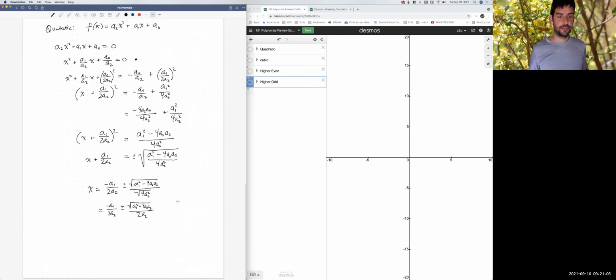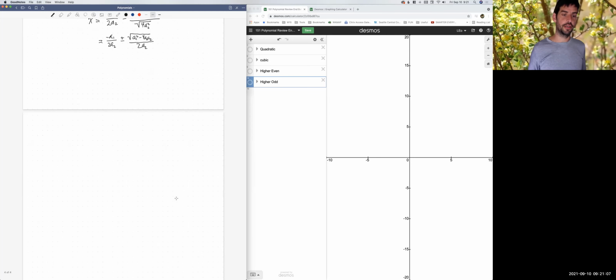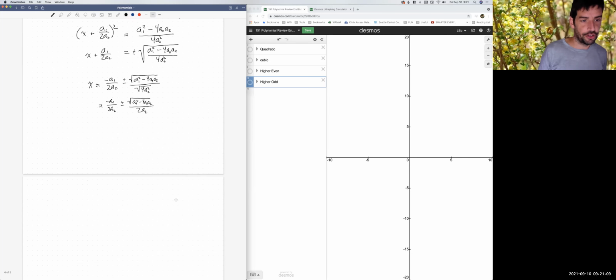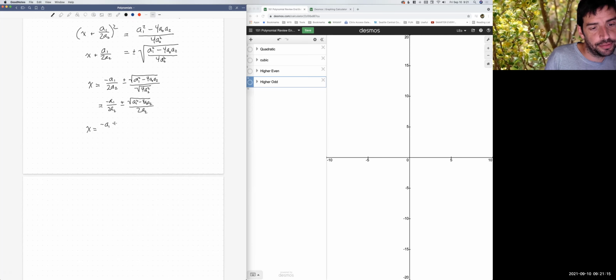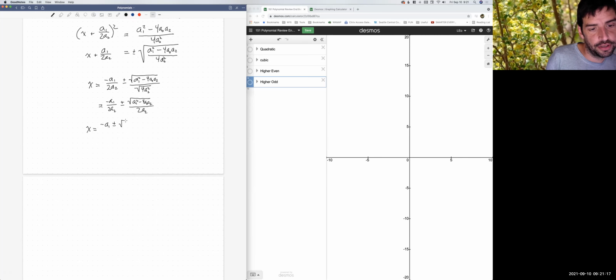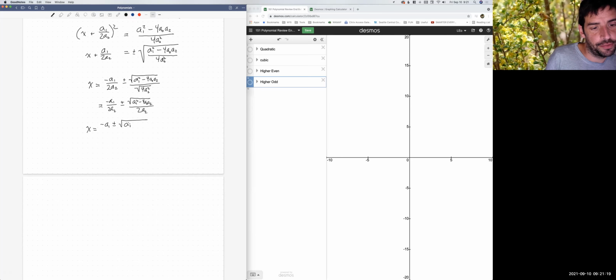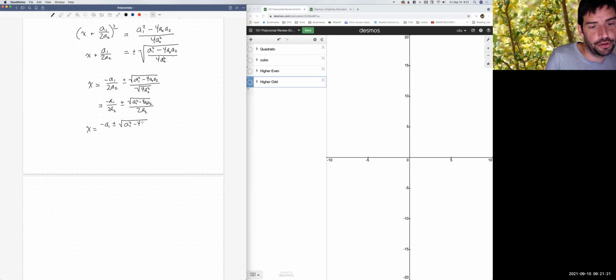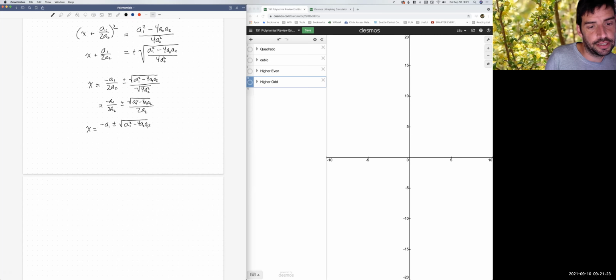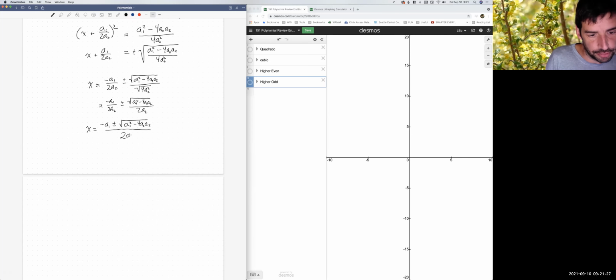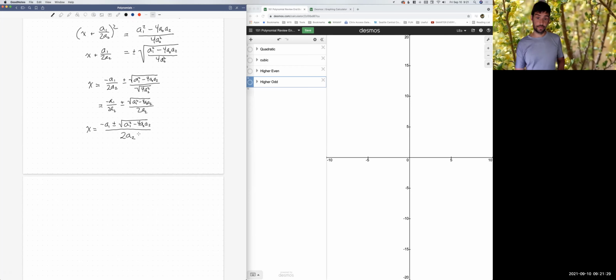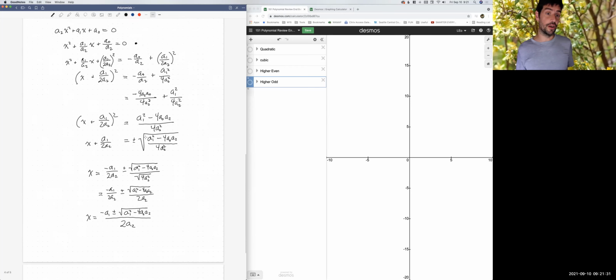Then we just combine those two terms and we get our solutions. X is equal to negative a1 plus or minus the square root of a1 squared minus 4a0 a2 over 2a2, right? That is the quadratic formula, right?